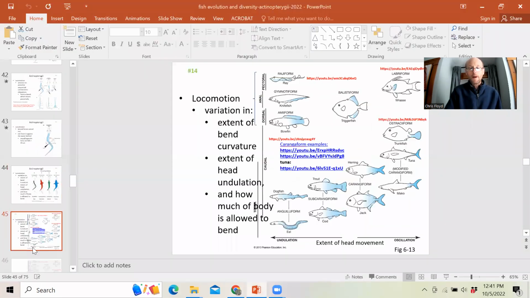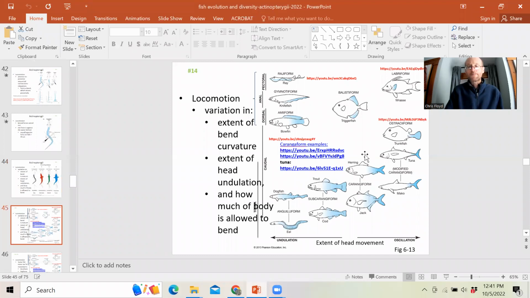Eels are pretty funny. Here's a nice diagram showing the different types of forms. On the X axis, you have the extent of head movement. Does it undulate back and forth versus oscillation, which is not as much head movement. Off to the right, we have not as much head movement. To the left, we have great head movement, which starts at the head and passes down.